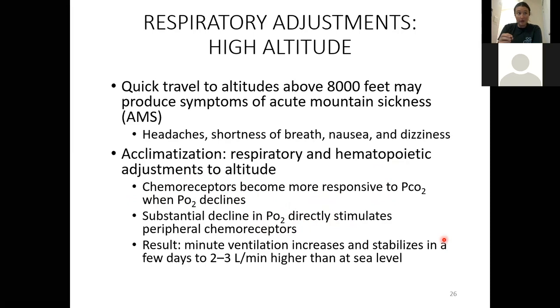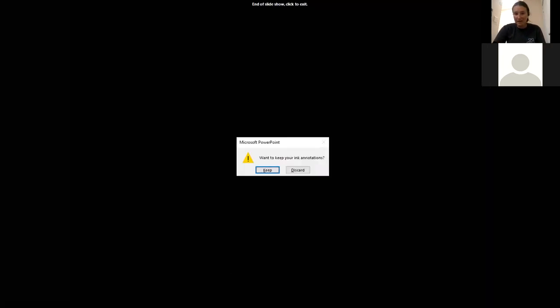And so if you compare the minute ventilation rates of someone at Stockton versus someone in Denver, you'll see that people in Denver are actually going to be breathing more, right? So they are going to be exchanging more air with the outside world in hopes of getting enough oxygen ultimately. Okay, and of course, we know that EPO is going to make more red blood cells, so this entire process becomes much more efficient. All right.